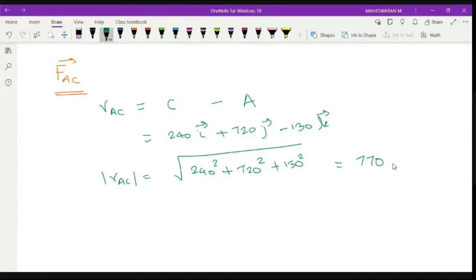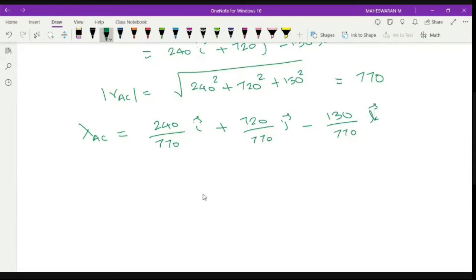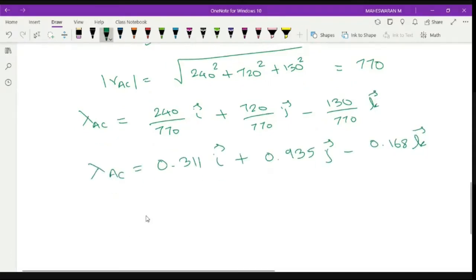So now I want to identify the unit vector, lambda AC, which is dividing these two. So I'm getting 240 by 770 i vector plus 720 by 770 j vector minus 130 by 770 k vector. So this is my lambda AC.